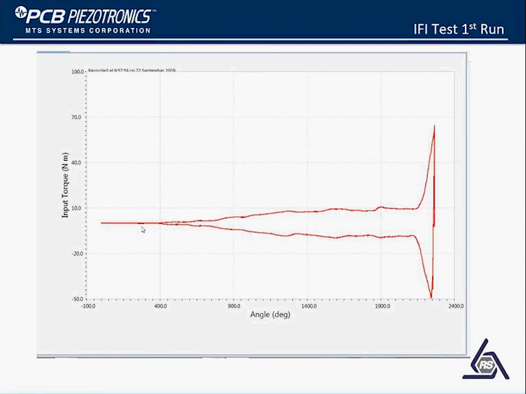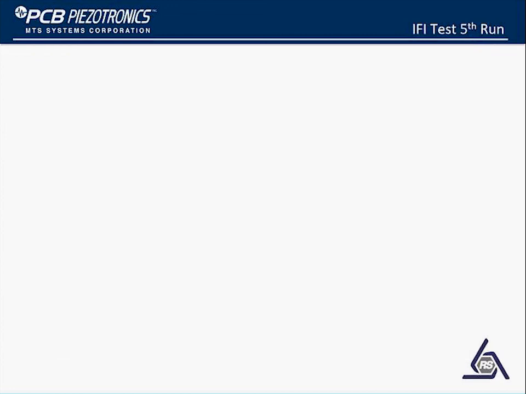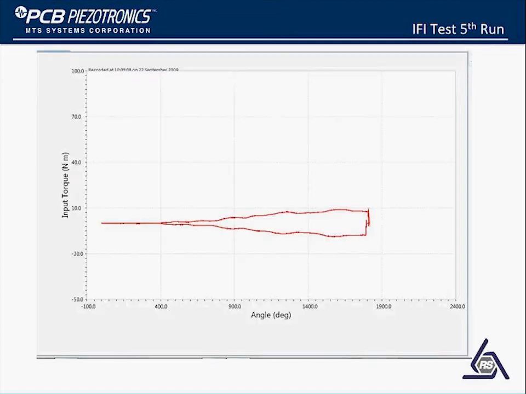After we do this for the first run, we'll repeat this for subsequent times, either 2 more times or 4 more times, and we'll get our final run that looks something like this, because what we're not doing is on our second through last runs, we're not taking it all the way up to clamp load.